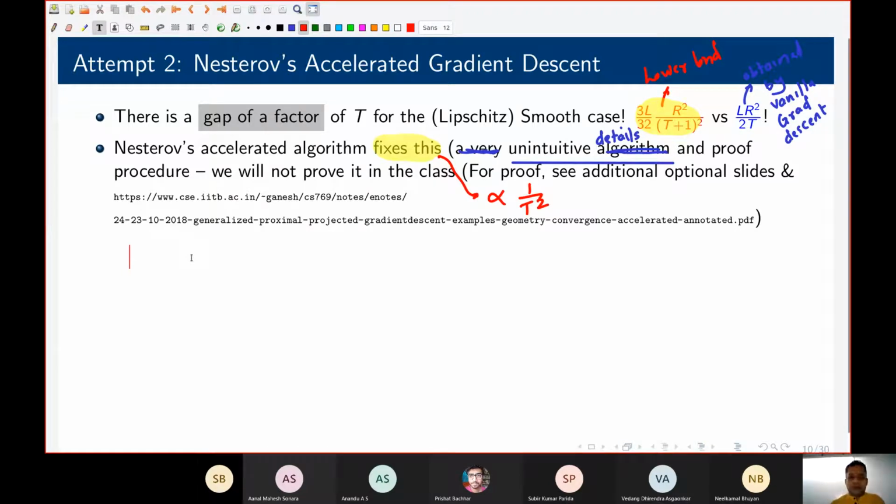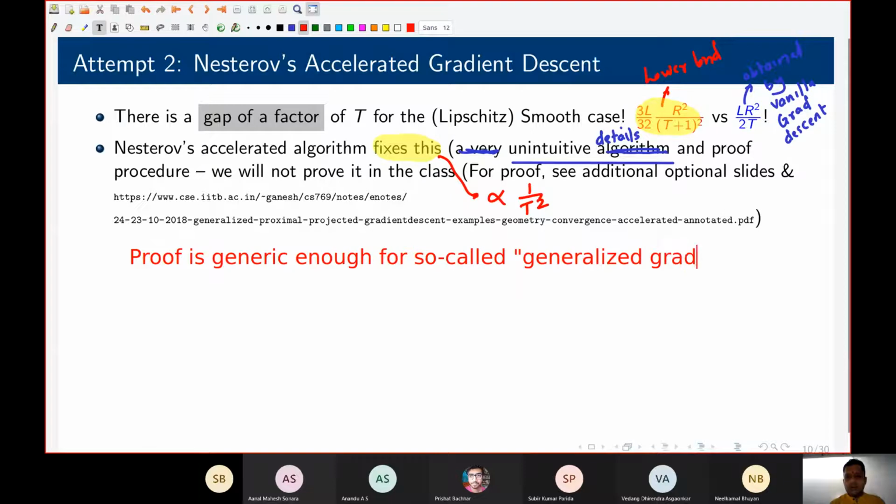So the proof is generic enough. I'll talk about what is generalized gradient descent later. For example, proximal gradient descent is an instance of generalized gradient descent.